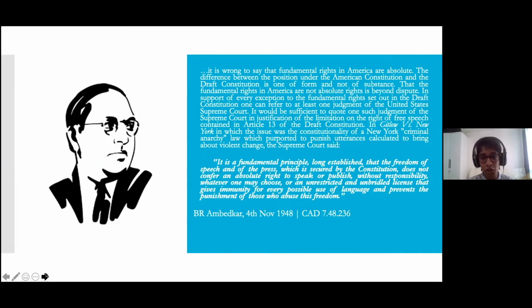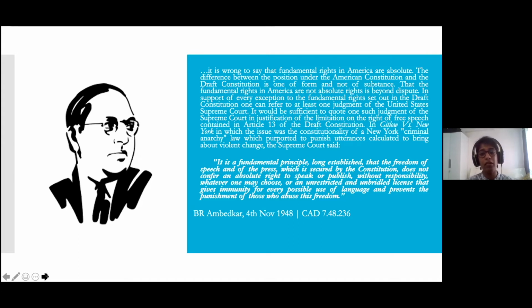He in fact refers to a case, Gitlow versus New York, and he quotes from that, says, it's a fundamental principle long established that the freedom of speech and of the press, which is secured by the Constitution, does not confer an absolute right to speak or publish without responsibility, whatever one may choose, or an unrestricted and unbridled license that gives immunity for every possible use of language and prevents the punishment of those who abuse this freedom.